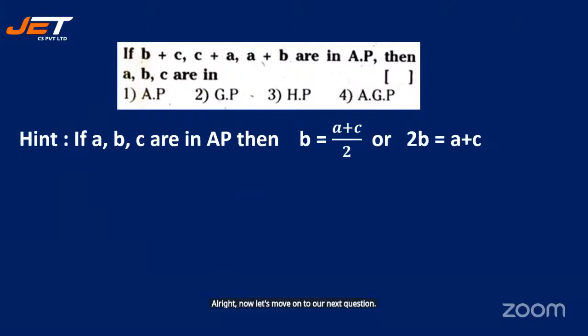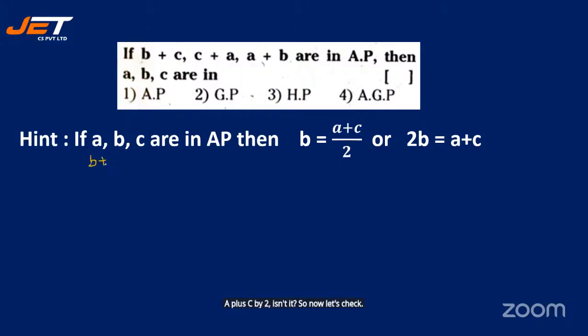Right. So your next question says, if B plus C, C plus A, A plus B are in AP, then A, B, C are in what? Is it AP, GP, HP, or AGP? Okay. So if A, B, C are in AP, then your B must be equal to (A plus C) by 2. Isn't it? So now let's check.